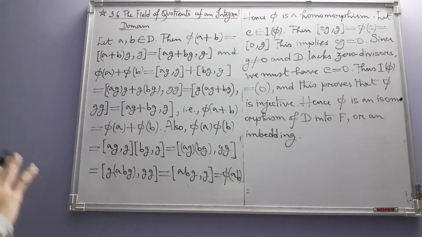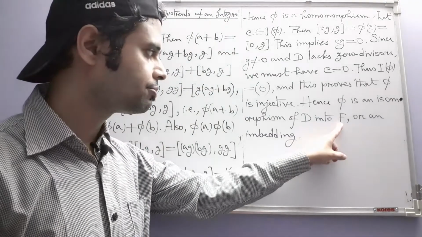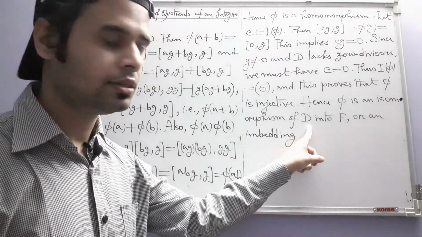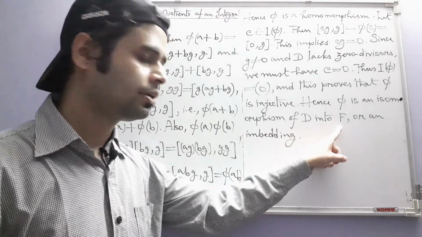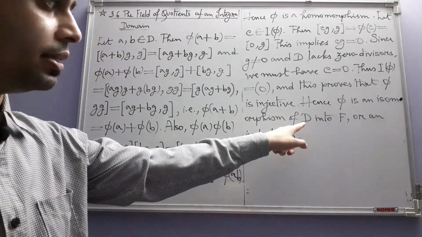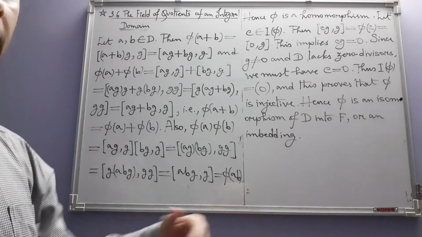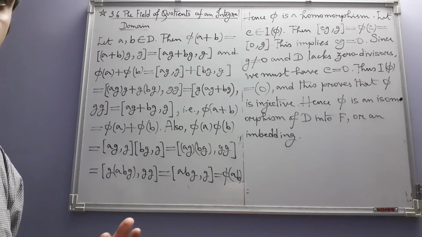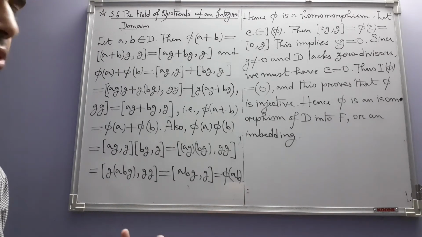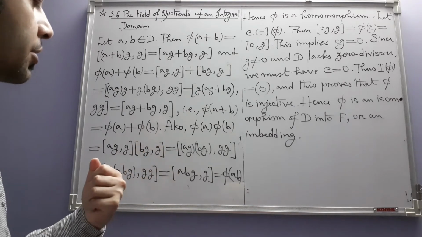So we have now constructed the field F from the integral domain D, and we have also shown that we can embed D into this field, and that completes the proof of the theorem, the sole theorem of this section.